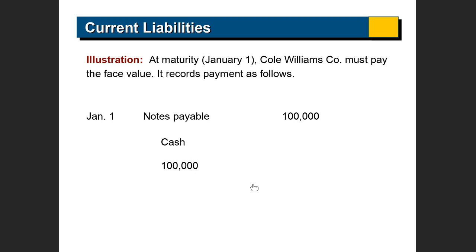So at maturity, when it matures, the entry would be to debit notes payable and credit cash. Simple, right? Just a payment of cash. Cash will be credited 100,000. Notes payable will be debited 100,000. Are you following? This is a current liability if the note payable is payable within 1 year, less than 1 year.